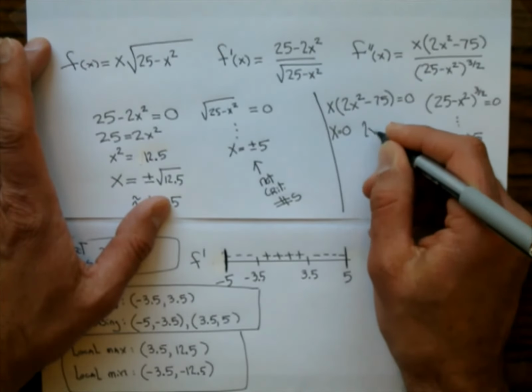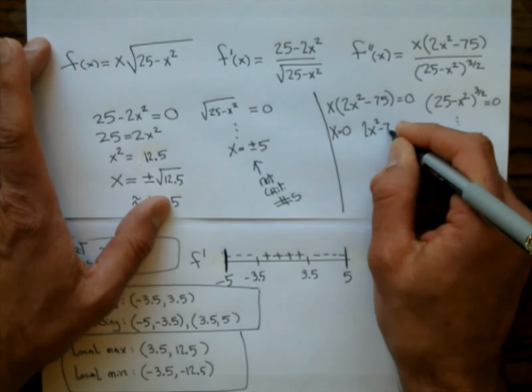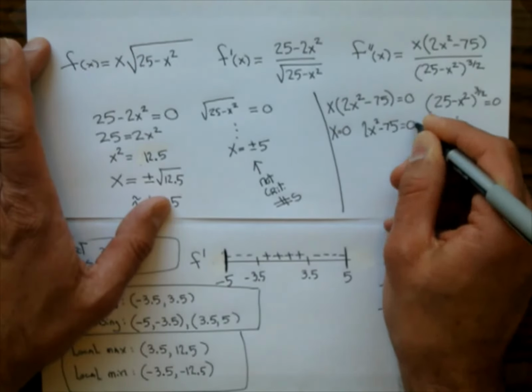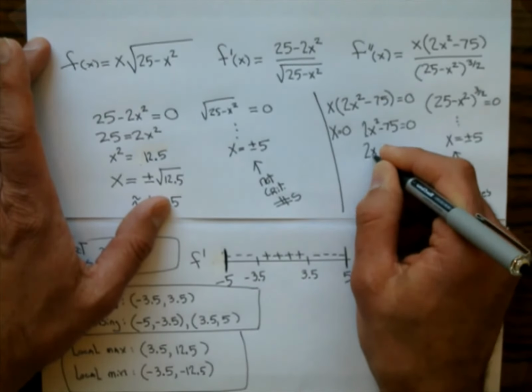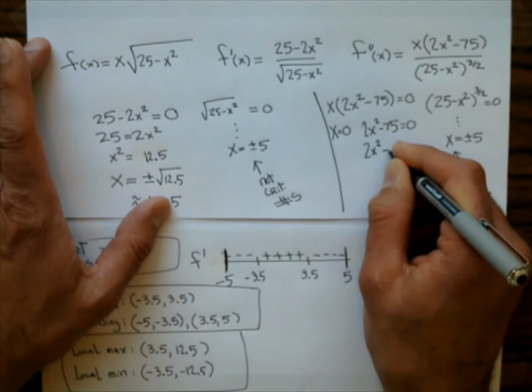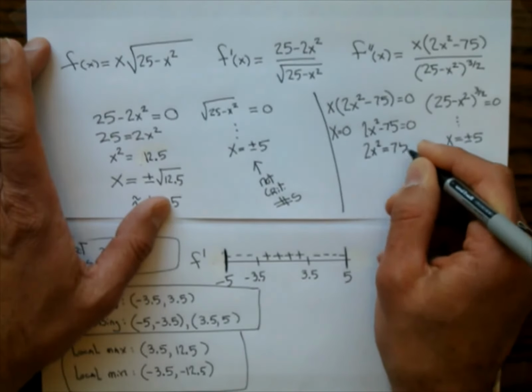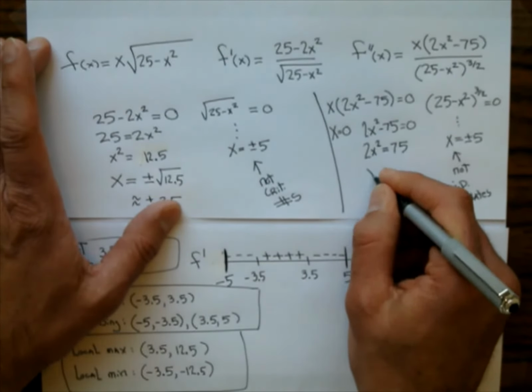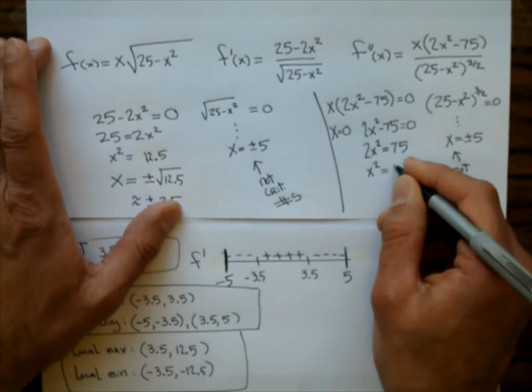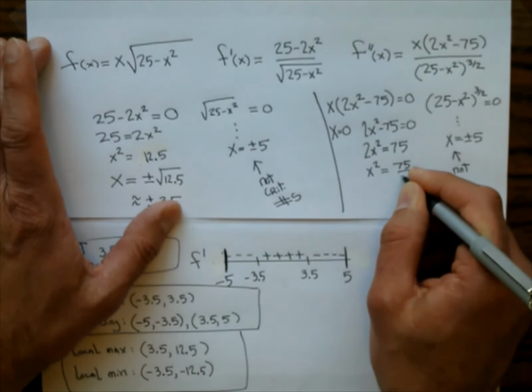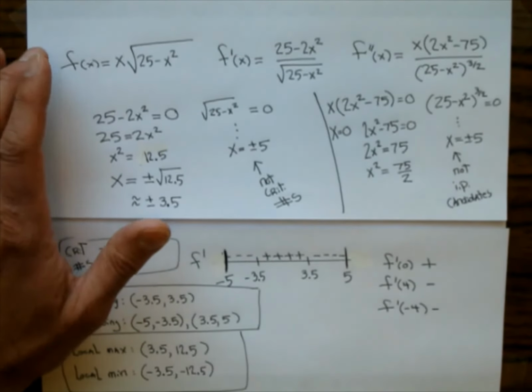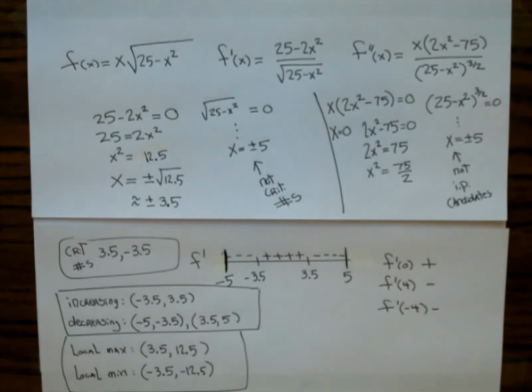This is 2x squared minus 75 equals 0. 2x squared equals 75. X squared equals 75 over 2. And so what I'm getting here, 75 over 2 is quite a big number.